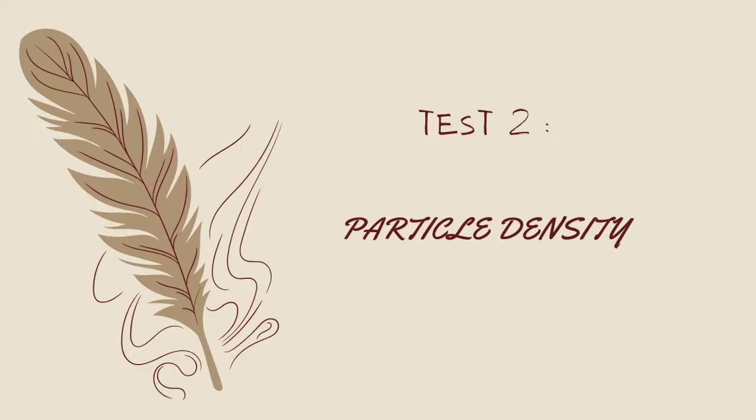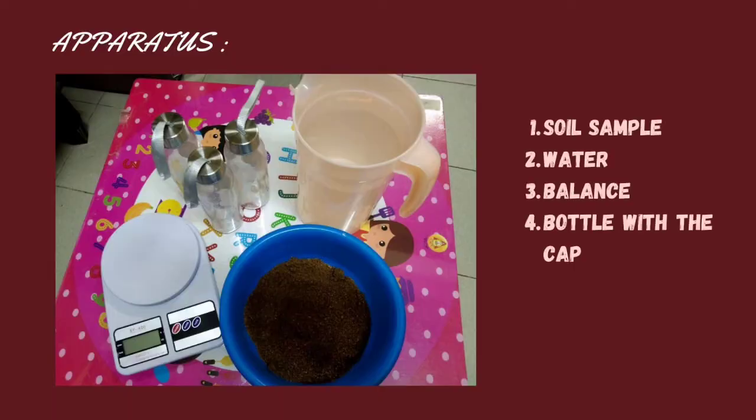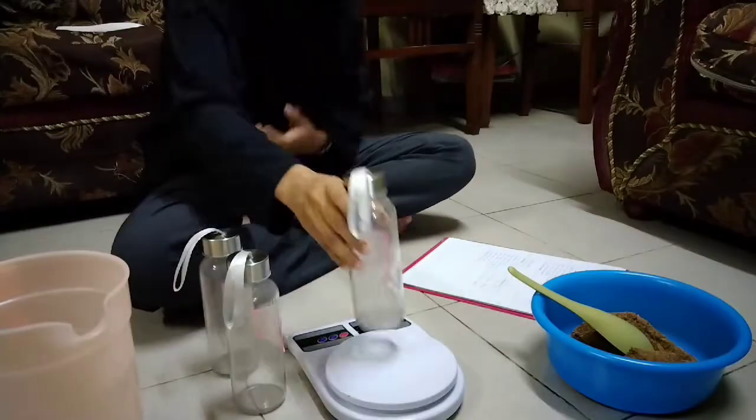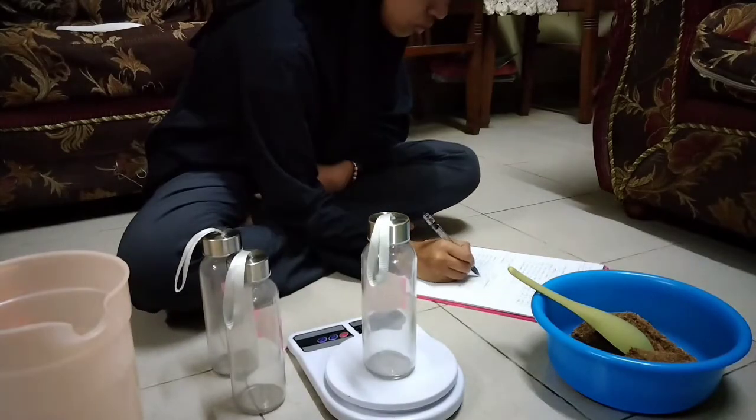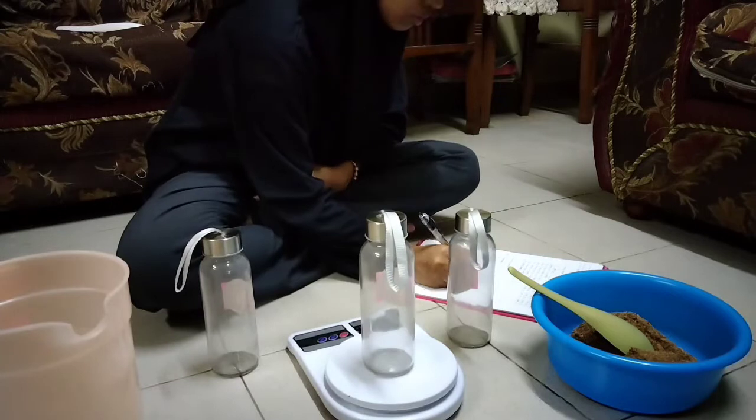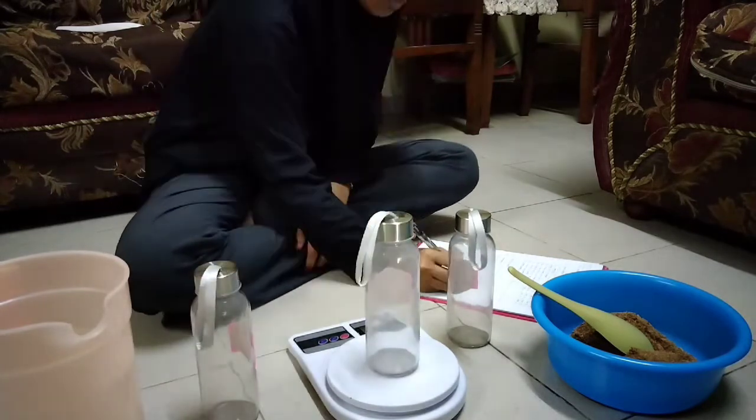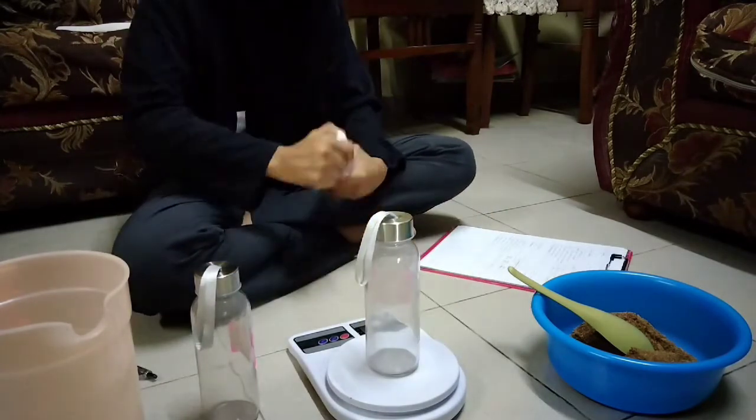Test 2 is the particle density. The apparatus is soil sample, water, balance and bottle with the cap. The procedure for this experiment is, first, we need to weigh the bottle and then record the mass.